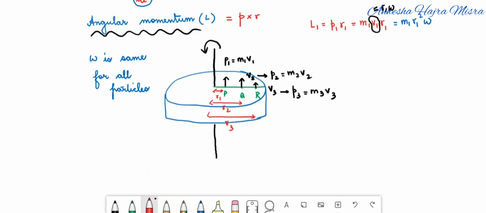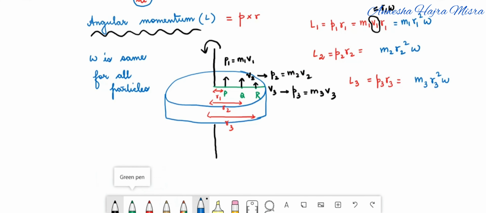Now, angular momentum of particle 2 is P2R2. So this can be written as M2 R2 square omega. Omega is same. Angular momentum for particle 3 is P3R3. This can be written as M3 R3 square omega.